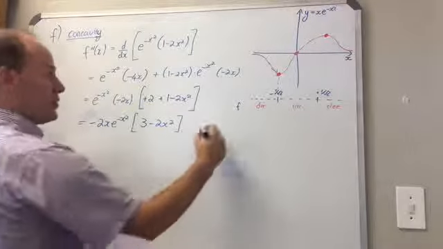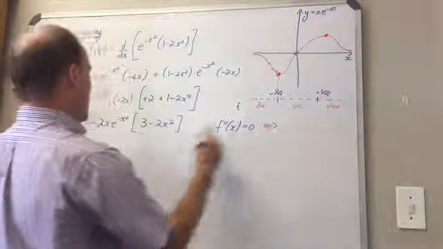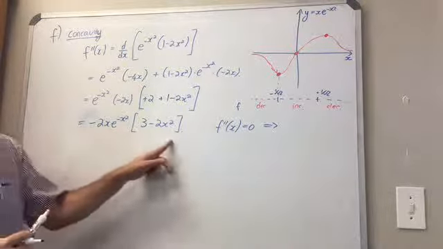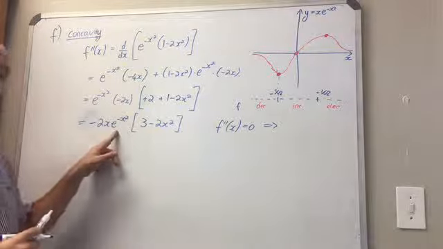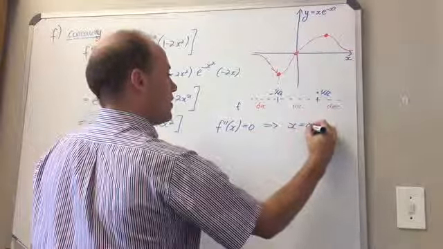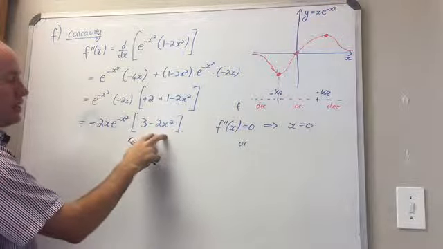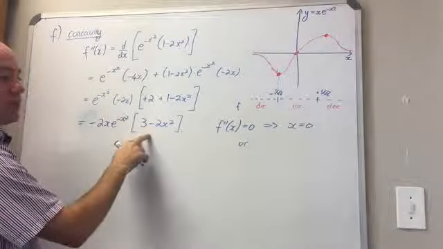Okay, when will the second derivative equal 0? One of these factors has to equal 0. Exponentials can never equal 0, so it's either x is equal to 0 or this term equals 0. For this term to be 0, we need 2x squared equals 3.